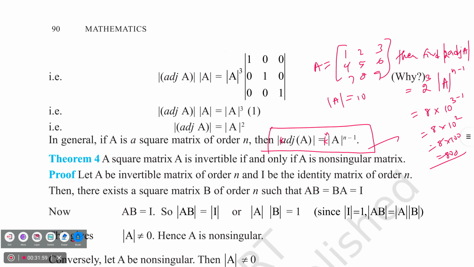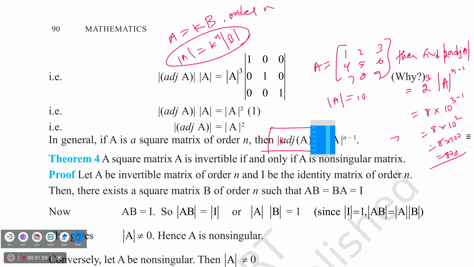Any scalar is given, the formula is: if A is equal to k times B with order n, then determinant of A is k power n into determinant of B. I told you already, that formula we can use. So for k into adjoint of A, it is k power n into determinant of A power n minus 1.